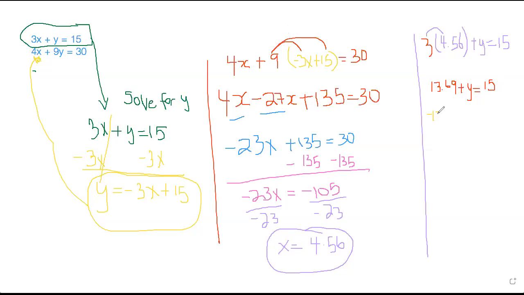Subtract 13.69 from both sides. So y is equal to 1.30. Everyone got 1.30?